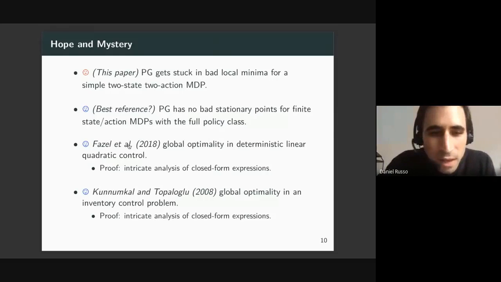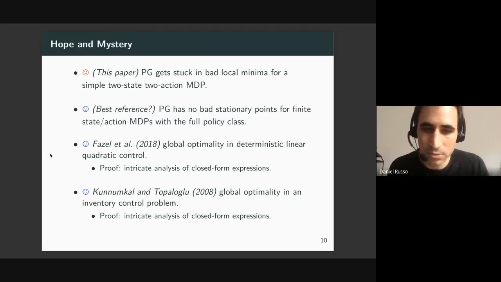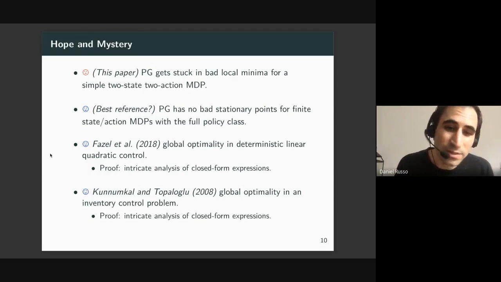Now, what really motivated this work for us is a very nice paper by Fazel et al. that studies global optimality guarantees for policy gradient methods in deterministic linear quadratic control. In linear quadratic control, you do have a strong inductive bias that a very special subclass of policies, the class of linear policies, contains an optimal policy.